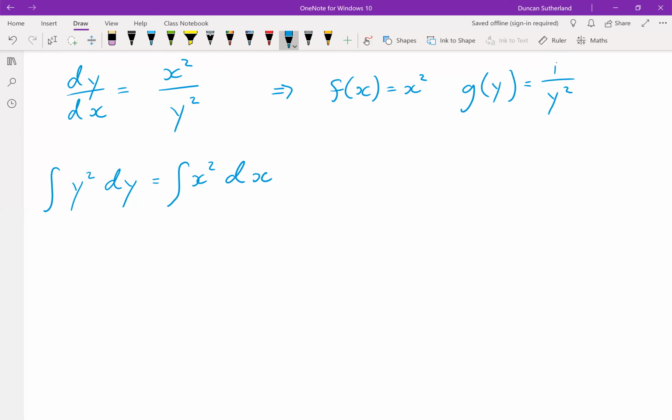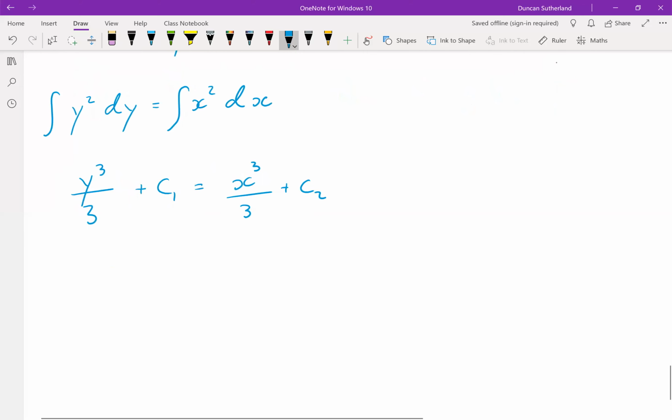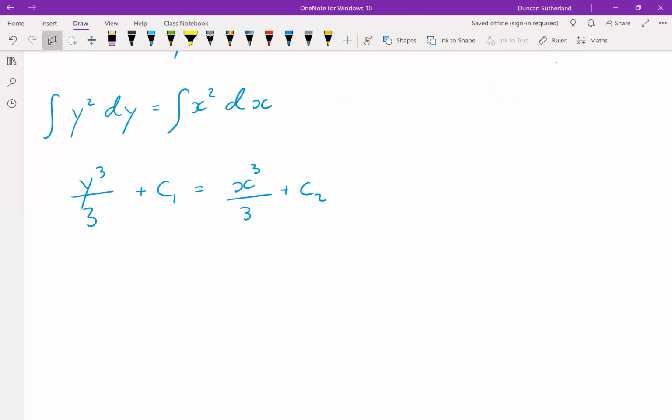Now that we've done that, we can actually do these integrals on each side. So the integral of y squared is y cubed. We get a couple of constants of integration, but of course these are constants, so we can actually just rearrange.